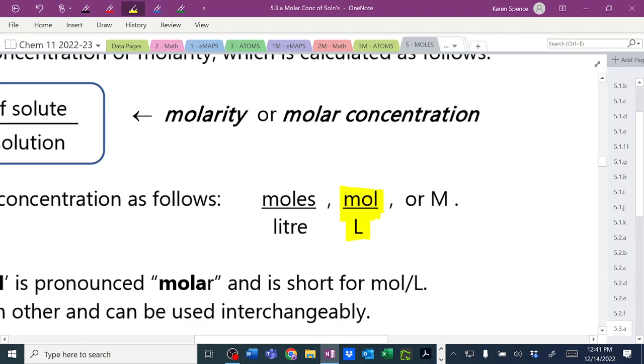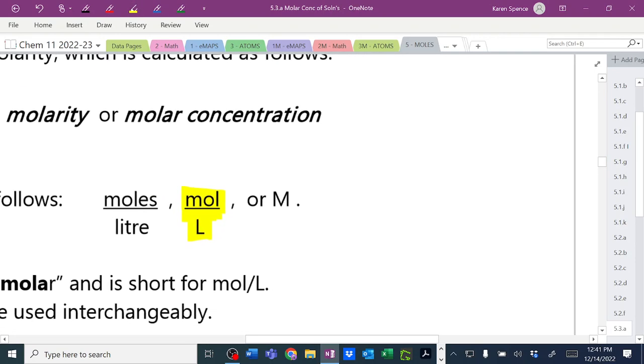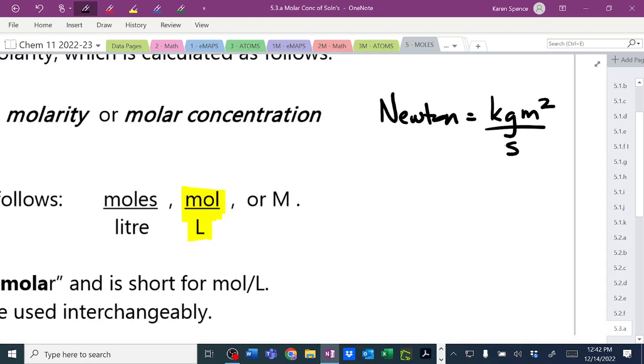But just like some other units, like a Newton, for example, is a kilogram meter squared per second. That's what a Newton is, but it's hiding kilograms and meters and seconds. Who wants to write that out all the time when you could just write N?